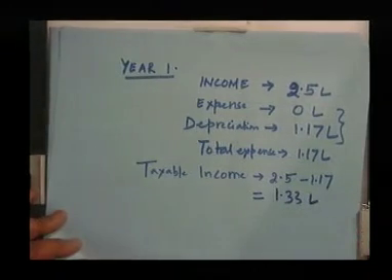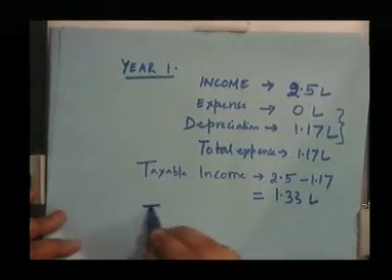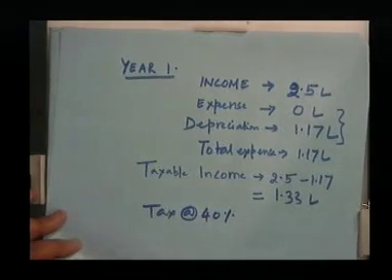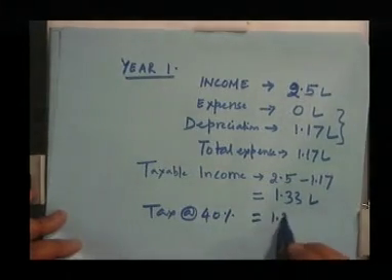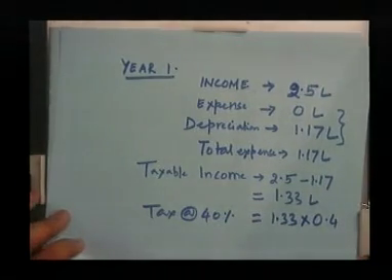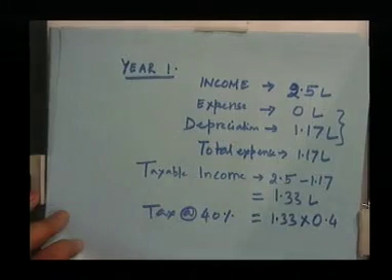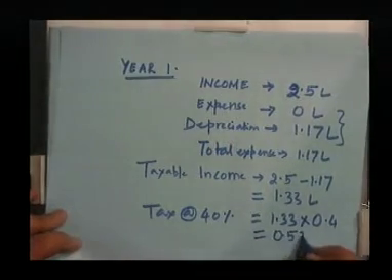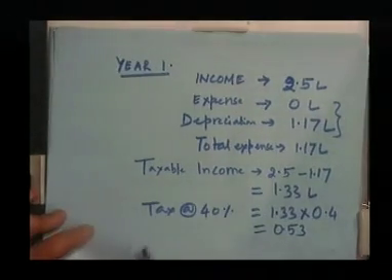Now, I have to pay tax at a rate of 40%. So, this works out to 1.33 into 0.4, which is equal to 0.53. This is coming to be 0.53. So, what is my net income?